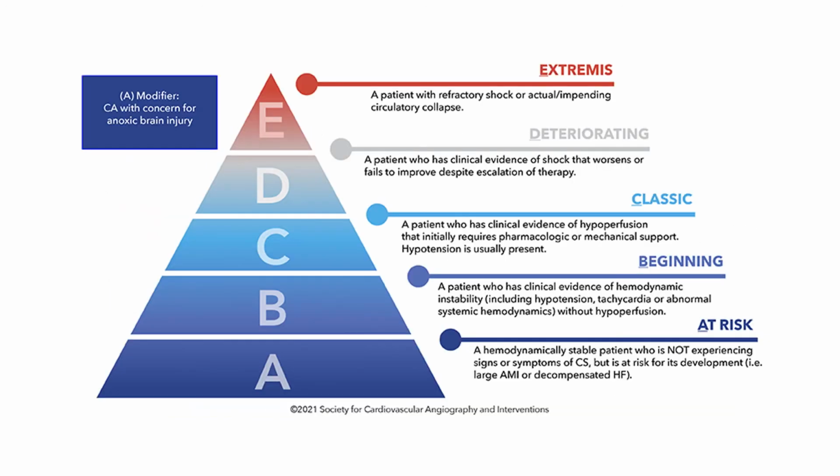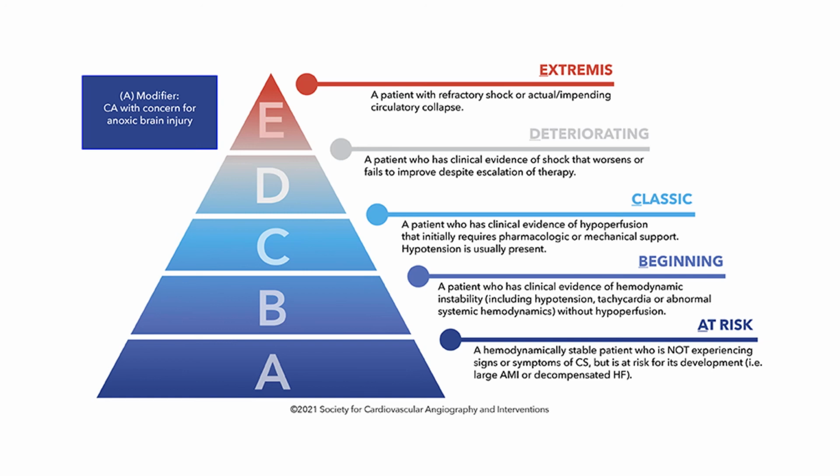Just a little bit about the classification, given in the last couple of years with cardiogenic shock, that there are different stages of cardiogenic shock. So you have A, at risk: a hemodynamically stable patient, not having any symptoms, but at risk for development, for example if they have a large MI or decompensated heart failure. B is the beginning stage of shock. Not necessarily the formal definition of cardiogenic shock, where cardiac output is insufficient to meet the demands.